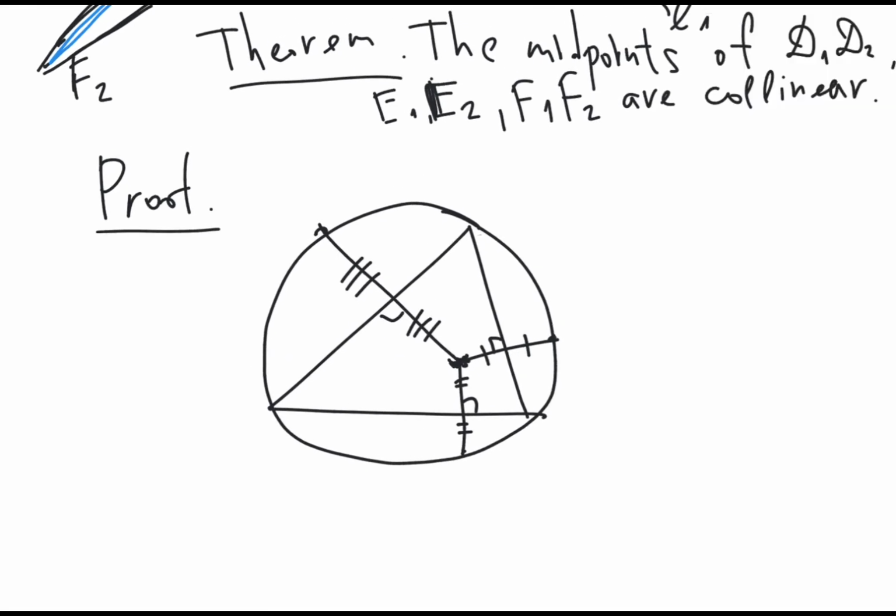If we have a line that passes through the orthocenter, then the reflections of this line with respect to the sides, these three reflections, are concurrent, so they intersect at a single point, and this point lies on the circumcircle. And so how do we construct the reflections of the line?